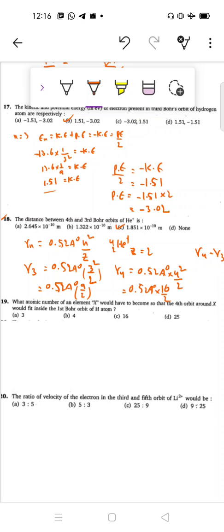They are taking an element X. They don't know the atomic number of that X, and the fourth orbit of that X is equal to the first Bohr orbit of hydrogen atom.